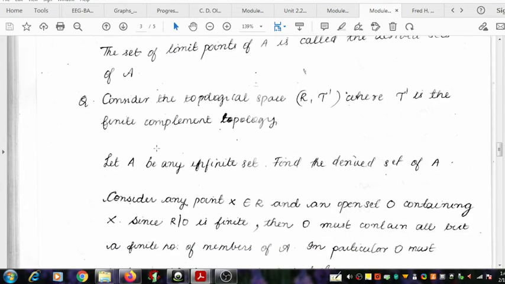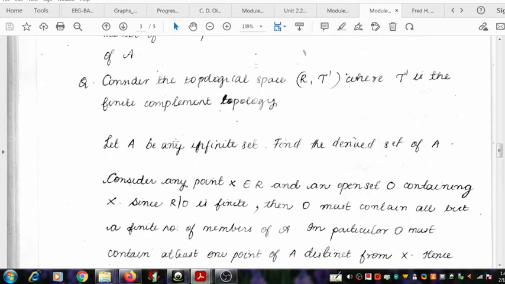So in this question we try to find the derived set of a subset of the topological space (R, tau prime), where tau prime contains all open sets in the finite complement topology.